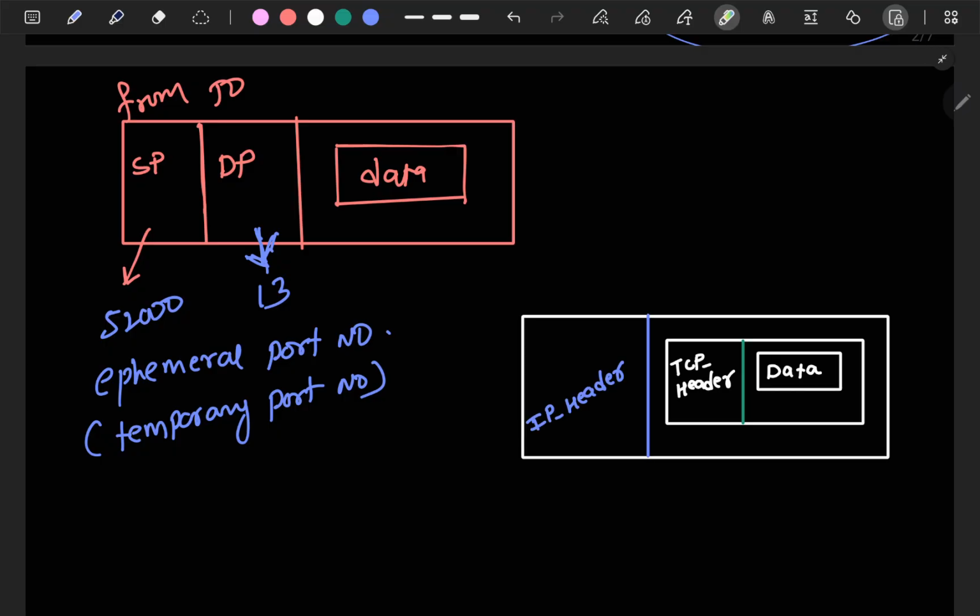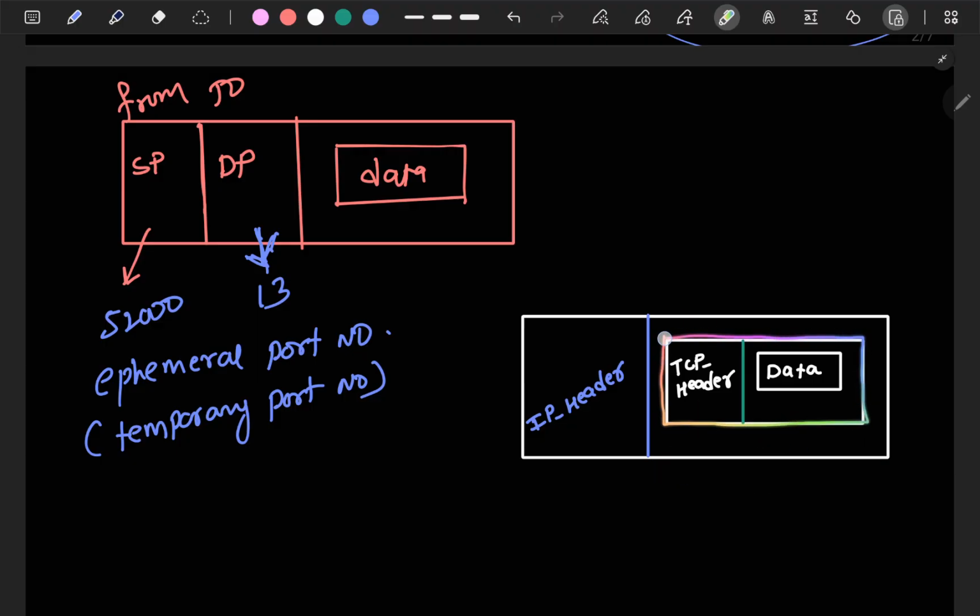Now what exactly happens is when there is one data, and this data is making use of TCP protocol, then this data will be inside one header, which we call the TCP header. And this TCP header has some information. What information this TCP header contains, we are going to see now.